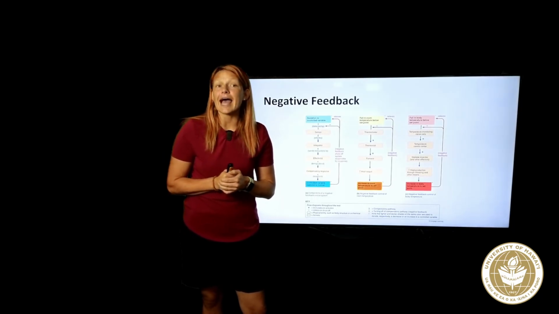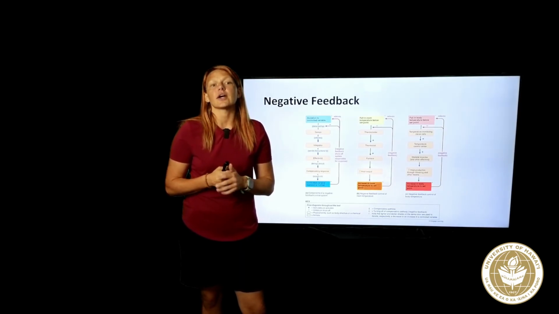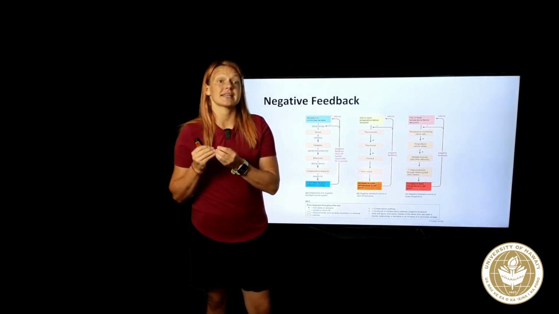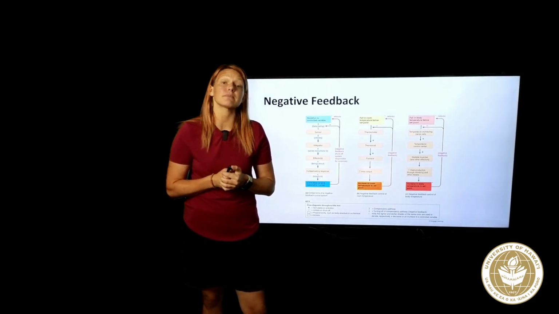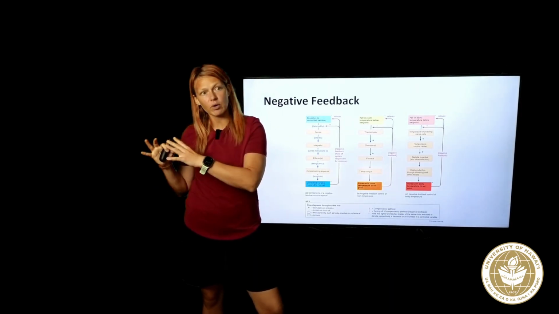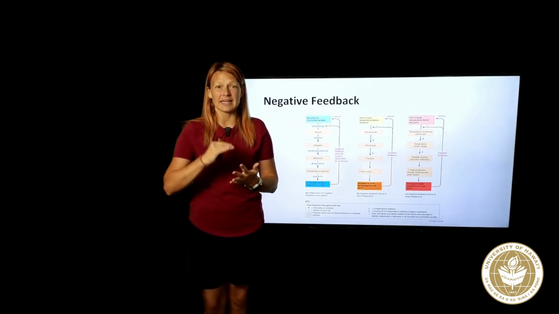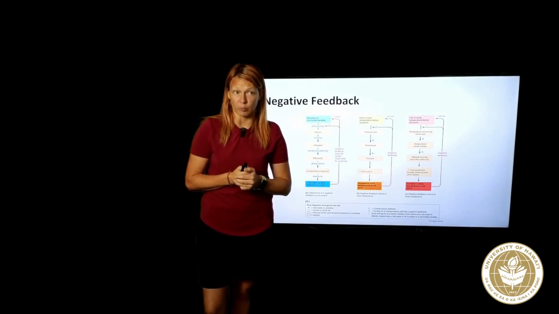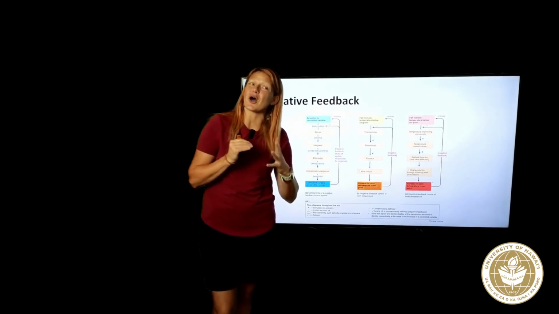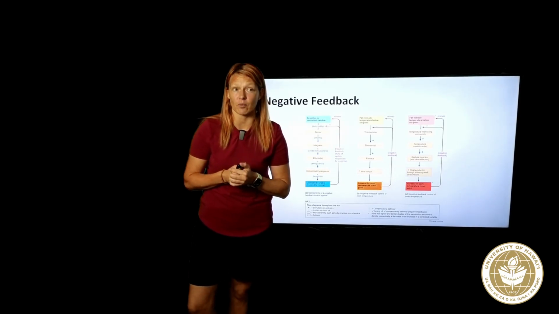The thermostat acts as a control center, so the thermometer is acting as a sensor. The thermostat is acting as a control center because it compares that sensor's input with the set point, and then it's going to adjust that heat output of the furnace to bring about the appropriate response to oppose a deviation from the set point.